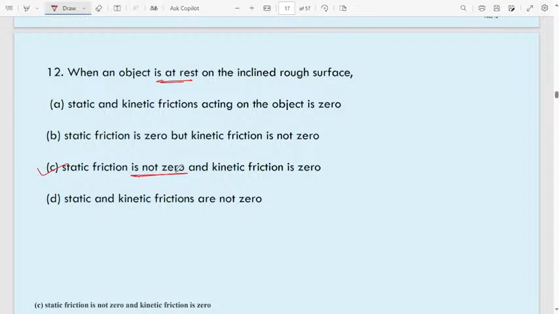The value need not be large, but some small amount of friction they will possess. And also kinetic friction is zero. When the object is at rest, it will possess a static friction, but kinetic friction is zero, because the car is not moving at all, it will be in the parking slot. Then kinetic friction will be zero. Okay.